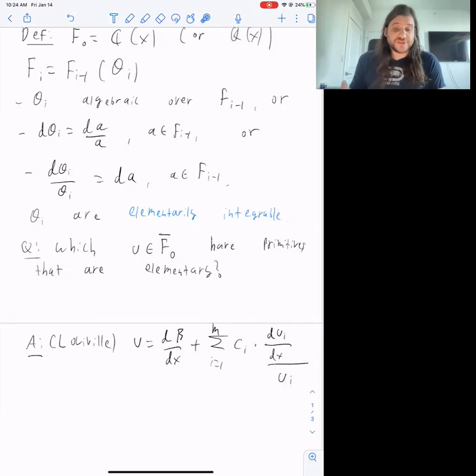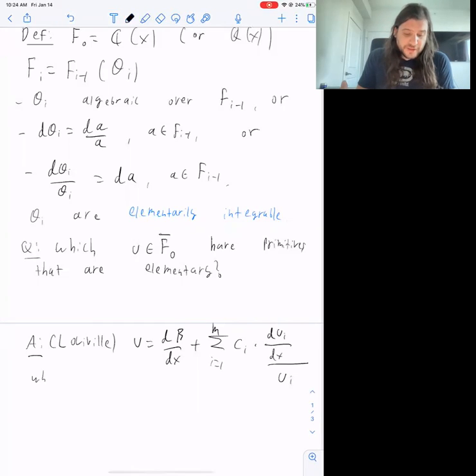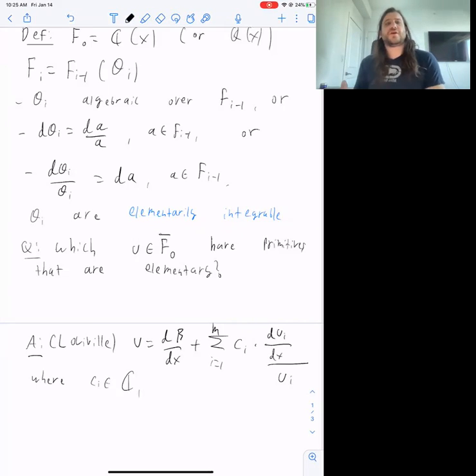And if ui is an algebraic function, then that's also elementarily integrable. And it turns out this is everything. So ci here are complex numbers, or whatever constant field we want to allow, and the beta and the ui are elements of f naught bar, are algebraic functions.